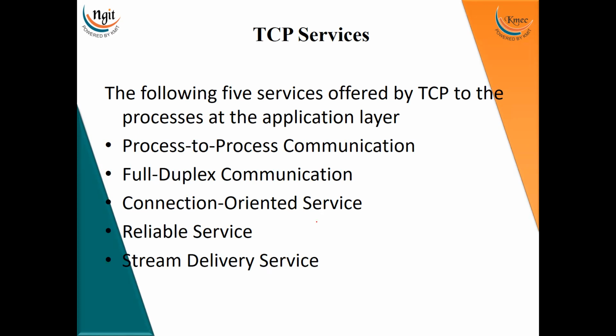The first one is process-to-process communication. Then full duplex communication, connection-oriented service, reliable service, and then stream delivery service. Now we'll learn each service of the Transmission Control Protocol one after the other.